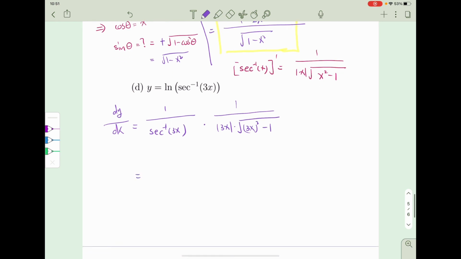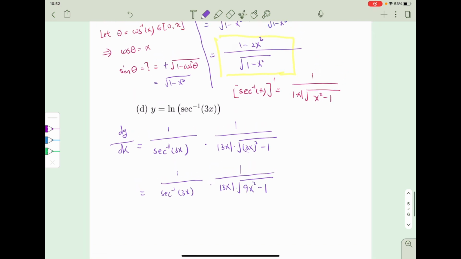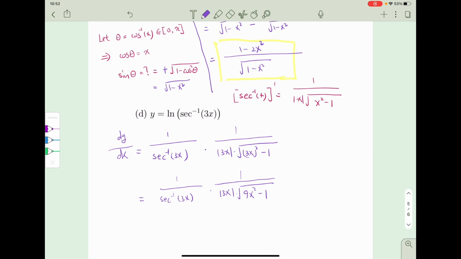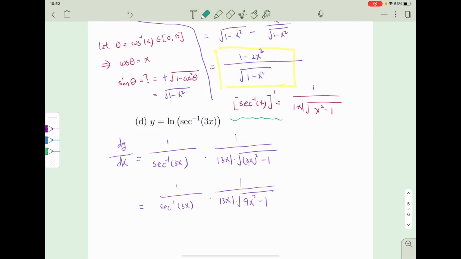Simplify it a little bit, and this becomes 3x and 9x squared minus 1. And that's it. Very simple. As long as you remember this formula, it should not be too difficult.